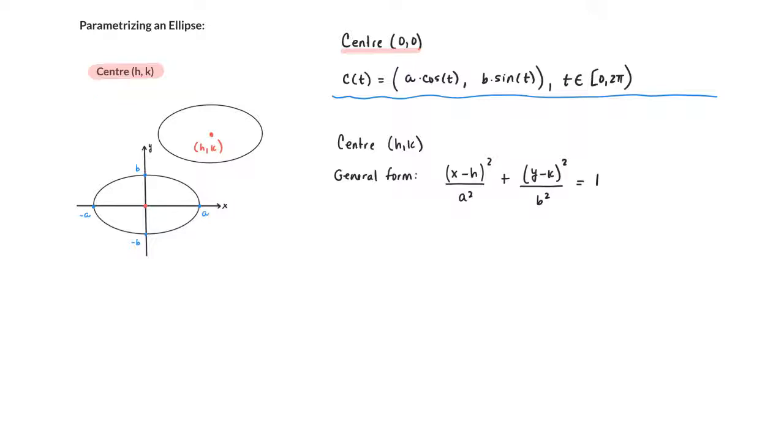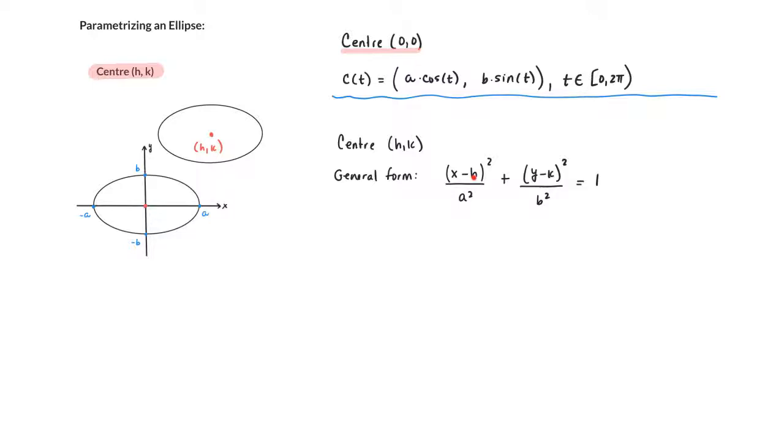Here we now have an ellipse with center h comma k, because we know that the center doesn't always have to be the origin. It can change, right? You can have a translation of the ellipse from the origin. So now the center is any ordered pair h comma k. The general form of an ellipse with any center h comma k is right here.